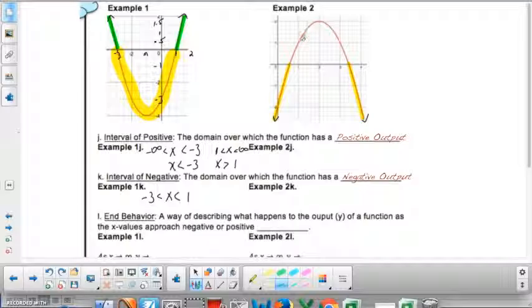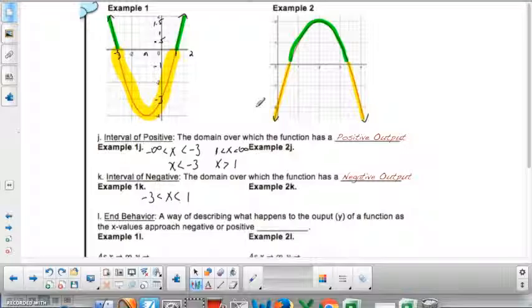Its interval of positive is just this little section along here. When I'm writing that out, I'm going to start with this first section because I like to just start at the beginning of my domain and work my way over, not necessarily do all the positive and then all the negative.